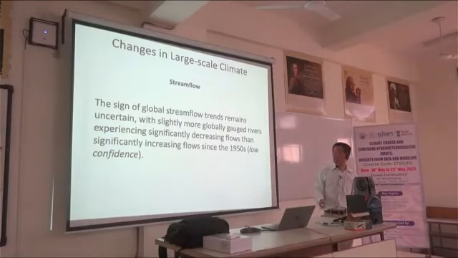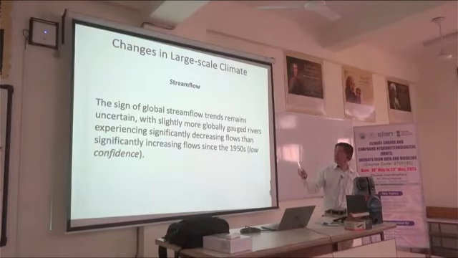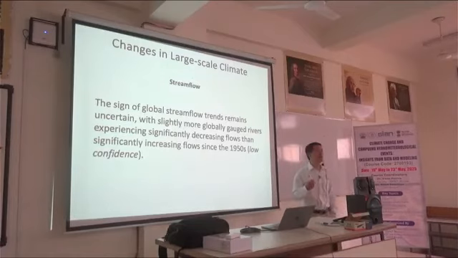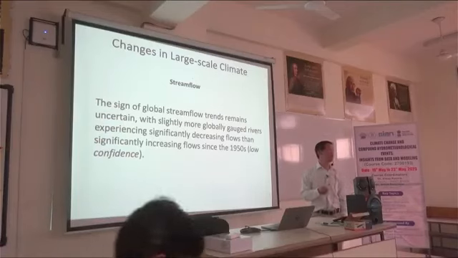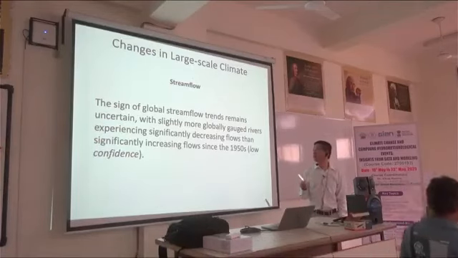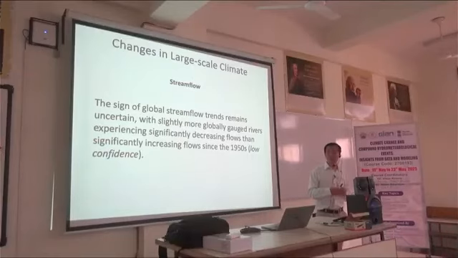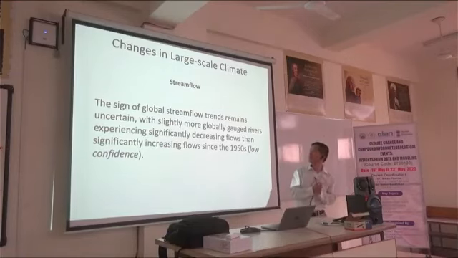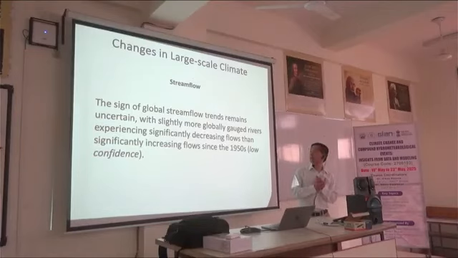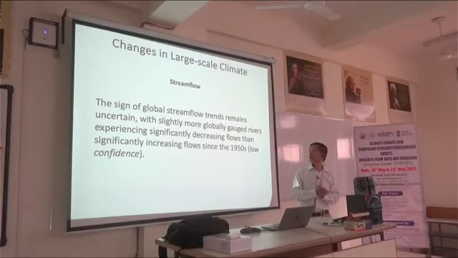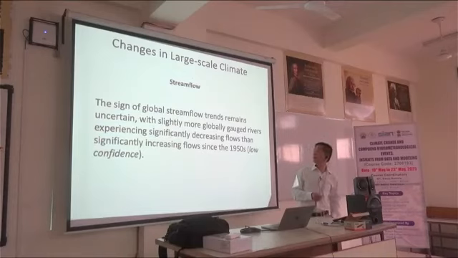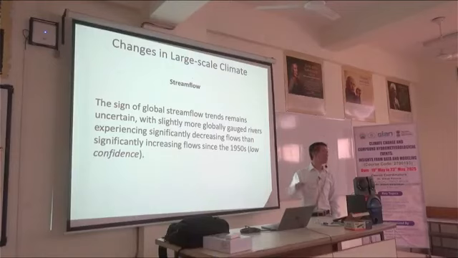For the last couple of slides, we'll talk about stream flow. Essentially what the IPCC tells us is they have low confidence in the global trend for stream flow. Some places have a very dense network for stream flow measurement, like in the US, where USGS monitors a very large network. But in many parts of the world, a lot of streams are not gauged, so nobody measures their stream flow.